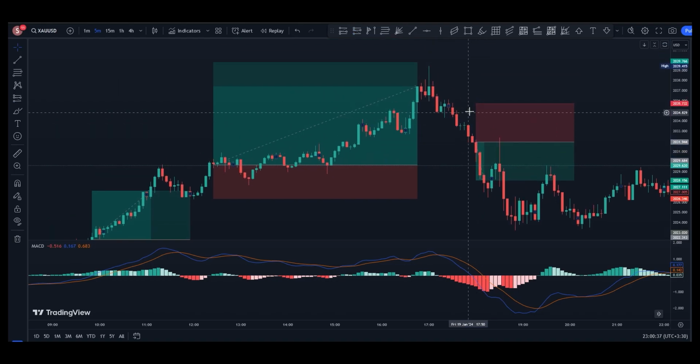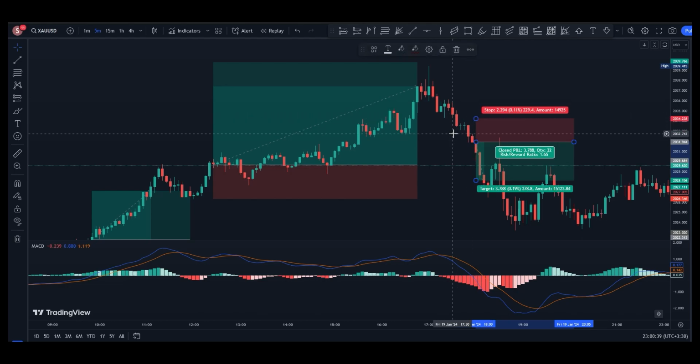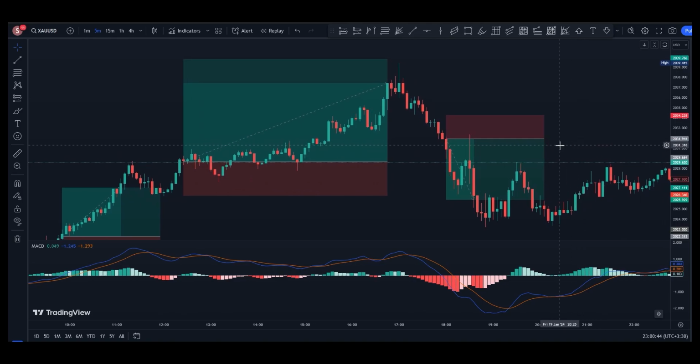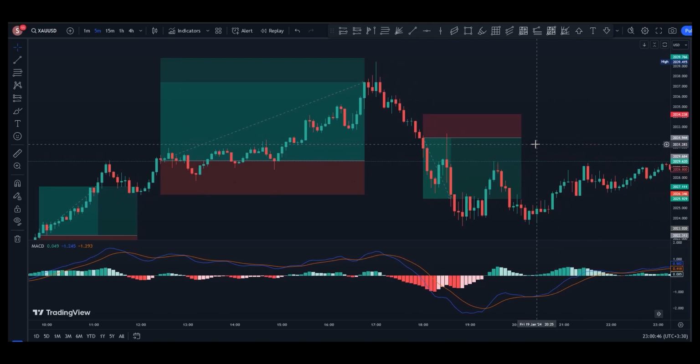Put your stop loss somewhere safe on the swings, and a 1 to 2 risk to reward ratio.